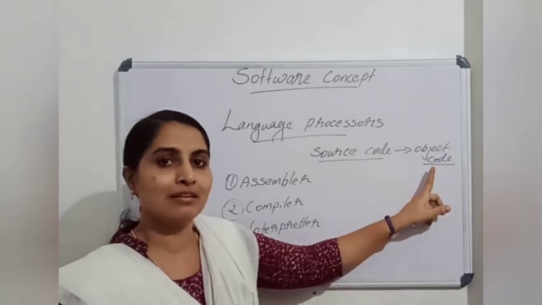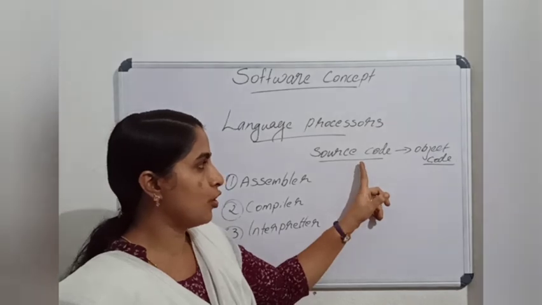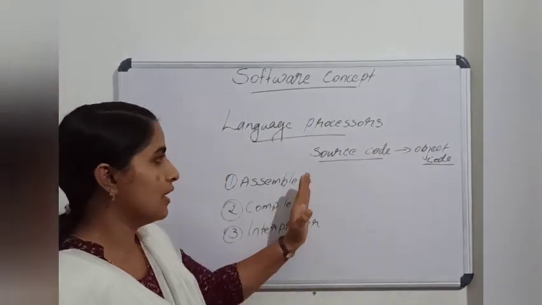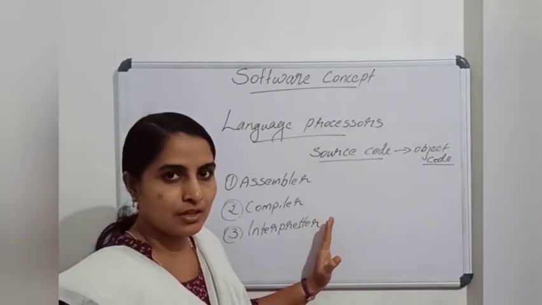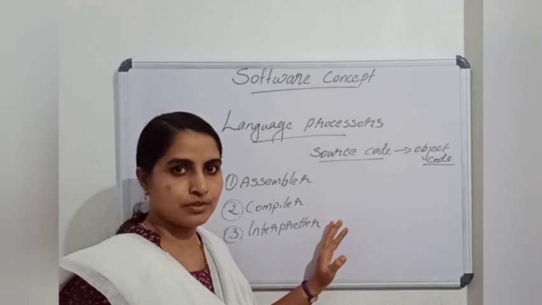These are the language processors which convert the source code to object code. Object code means the code using binary symbols. Source code means the code which is written using any of the languages, either assembly language or high level language.